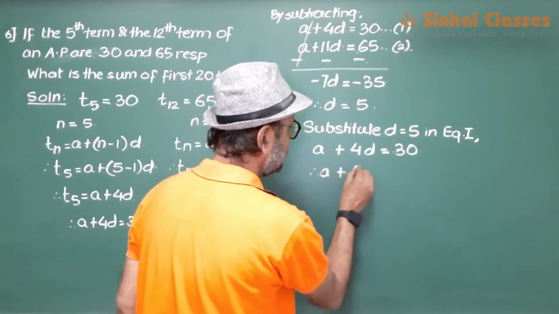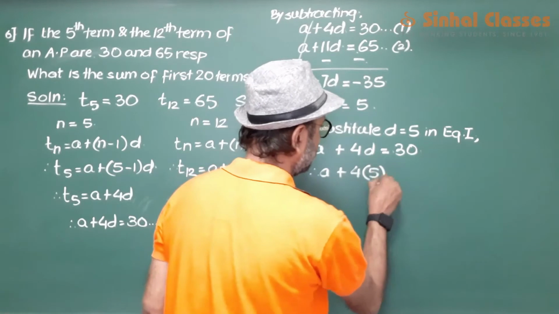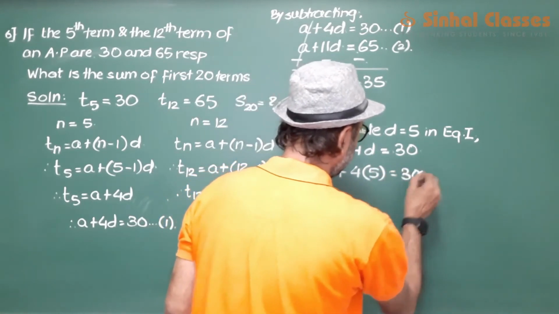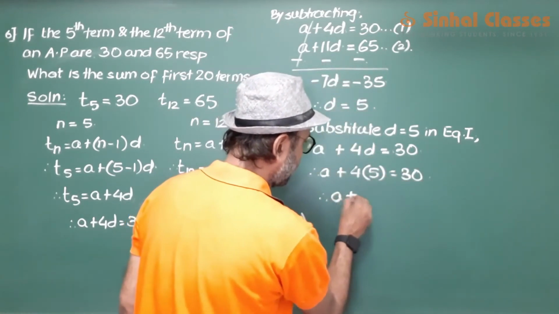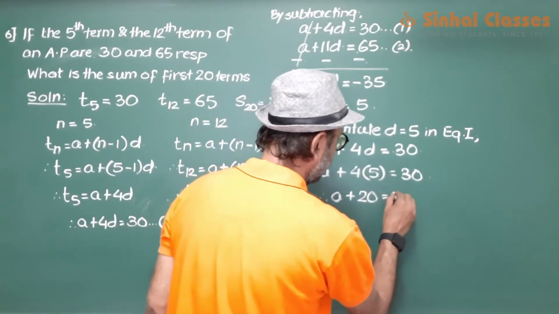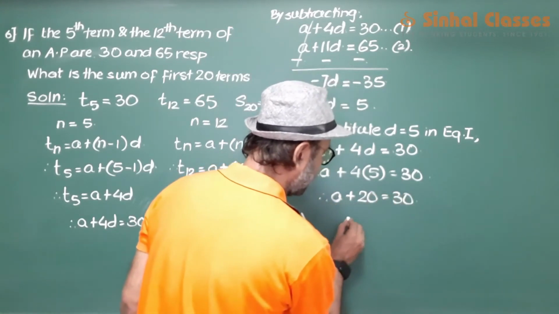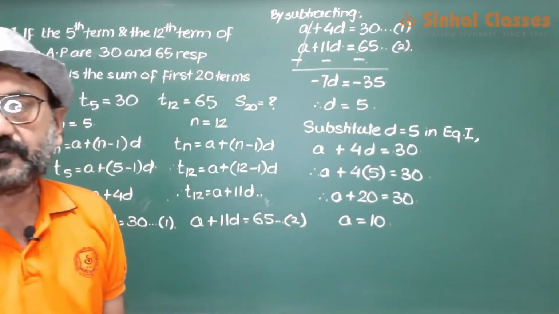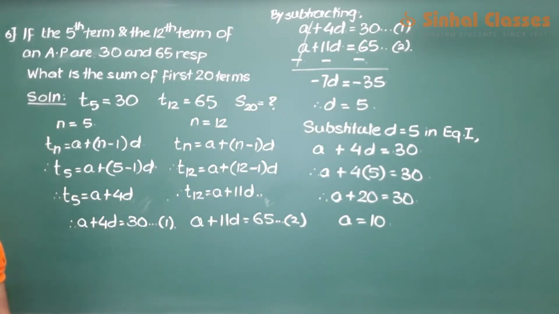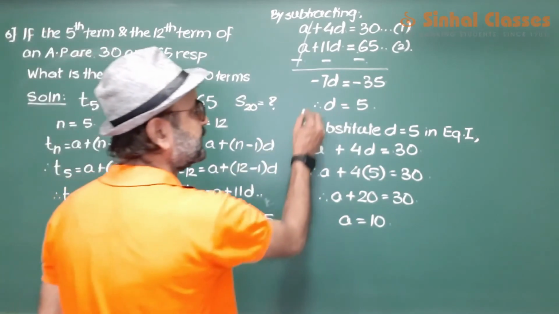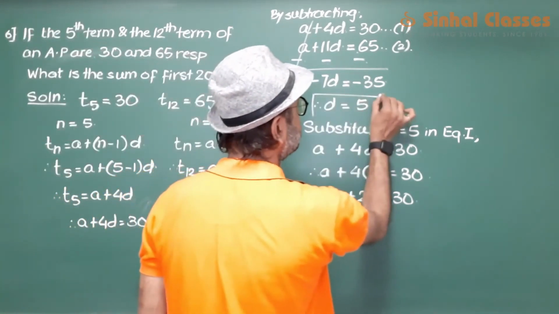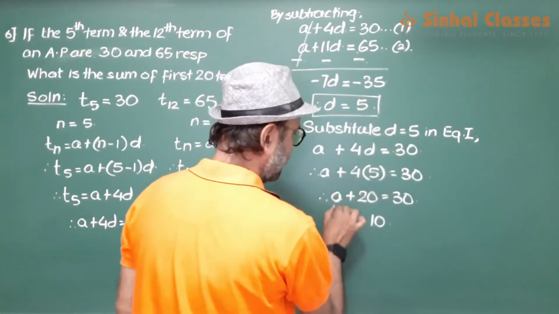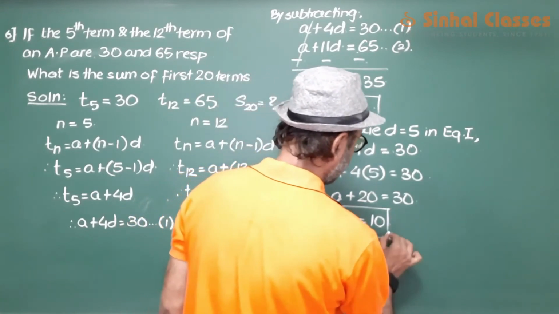So a plus 20 is equal to 30. So here we have a is equal to 10. So we have got the values of a and d. d is 5, a is 10.